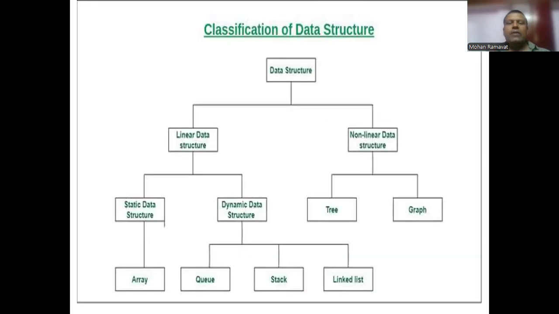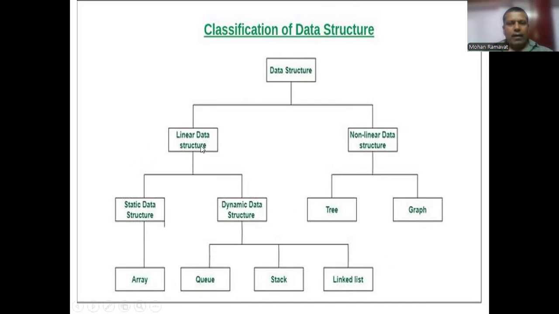So here is the diagram which depicts the classification of data structures. We already discussed what is meant by linear and non-linear data structures. The linear data structure is further classified into two categories: one is the static data structure, the other is the dynamic data structure.